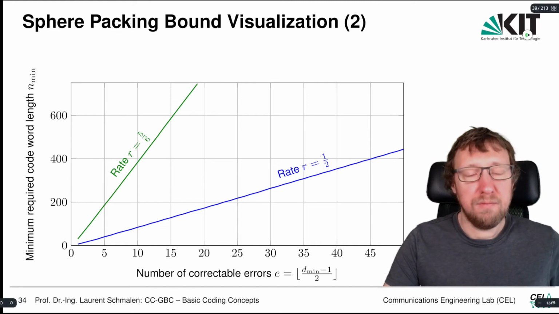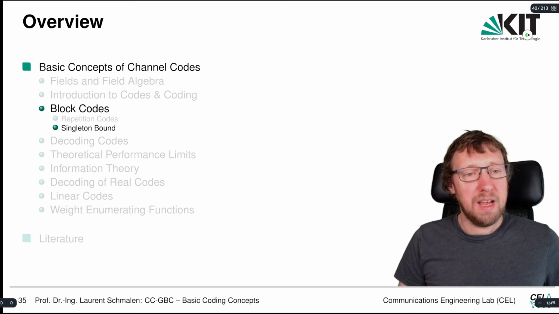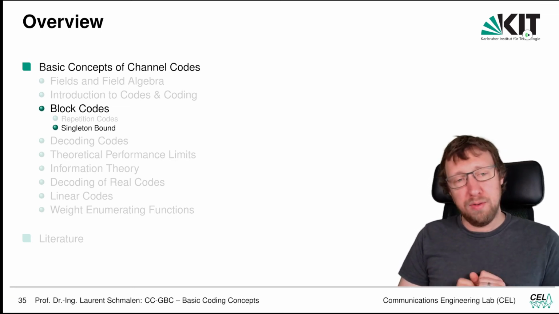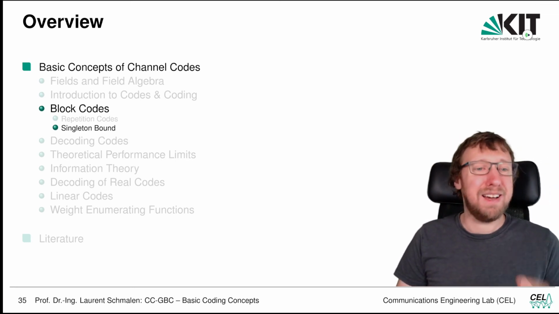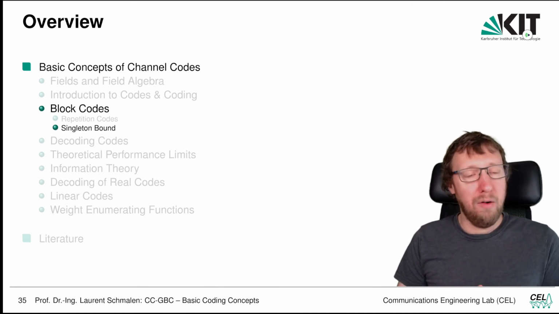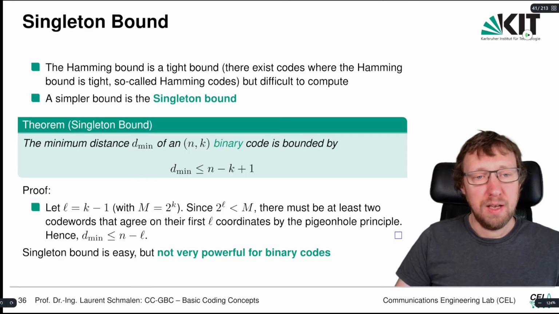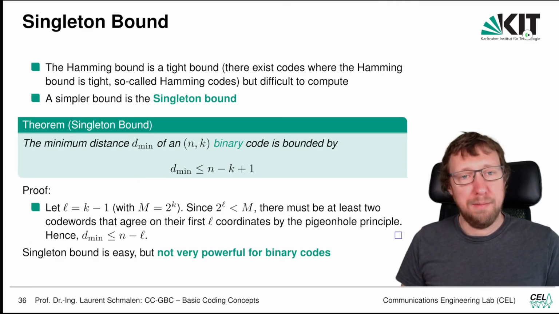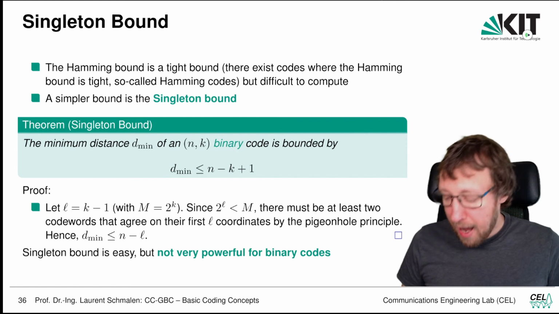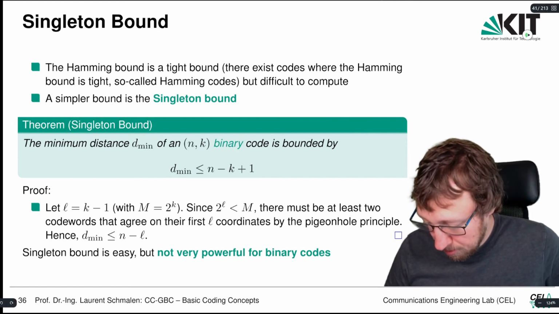Okay, that's the Hamming bound. Next, we're going to look at a very simple bound, which is less tight than the Hamming bound for our application, meaning for binary codes. And this is the so-called Singleton bound. The Hamming bound actually is a tight bound.